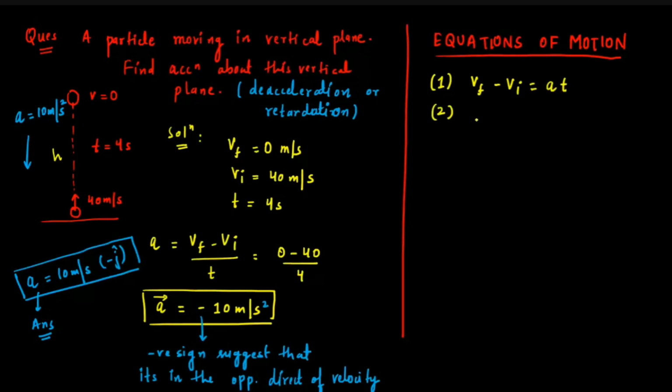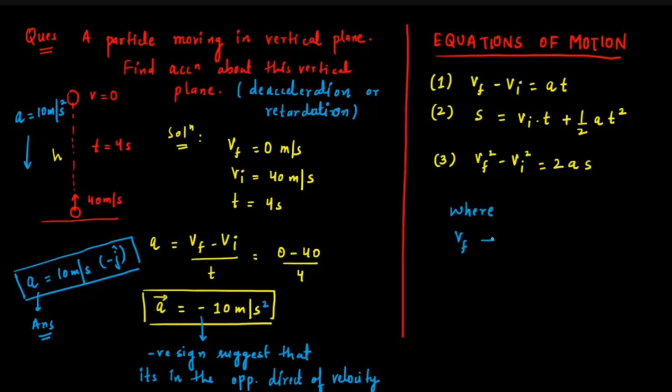The second equation says the displacement S is V initial times time plus half a t squared. The third equation is V final squared minus V initial squared equals twice the acceleration times displacement. So we have to understand the meaning of these symbols as well.